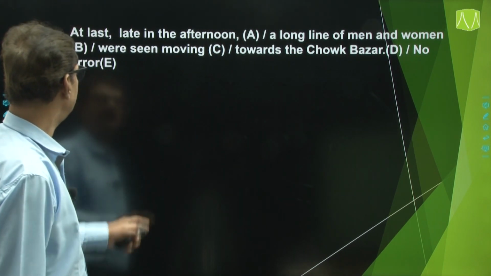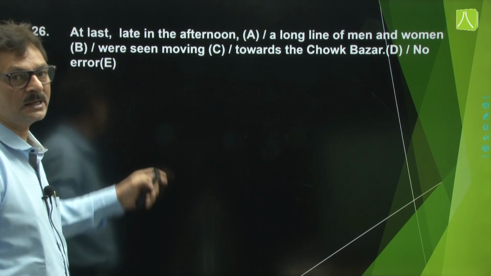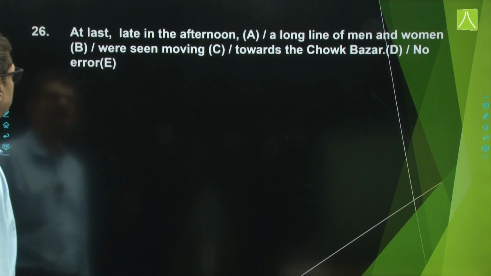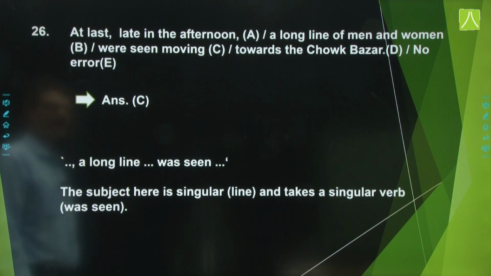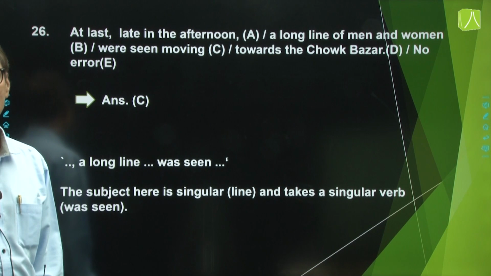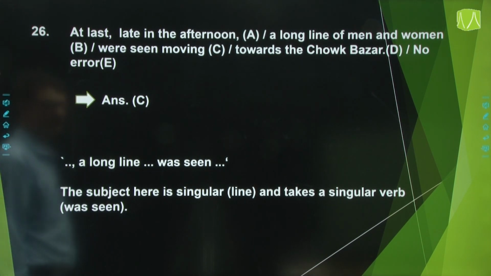Line is singular. Over here, plural has been used. तो क्या होना चाहिए? Was seen and not were seen. So यहाँ पे error है. Error in part C. A long line was seen. The verb depends on the subject and not on its complement.